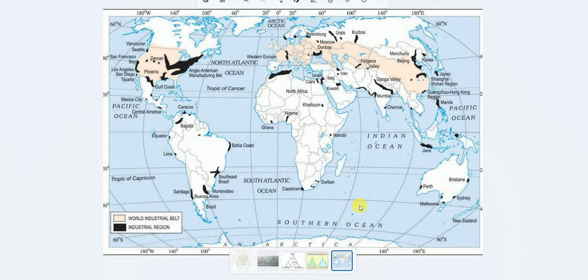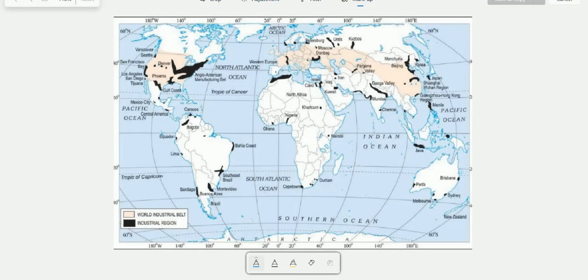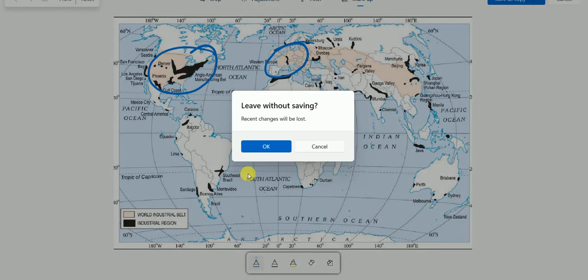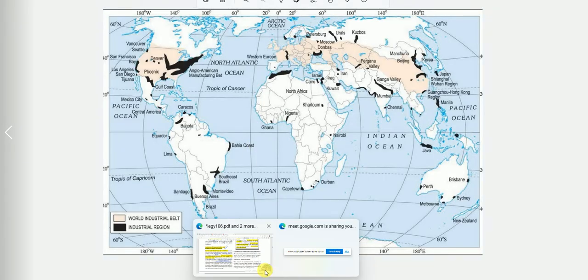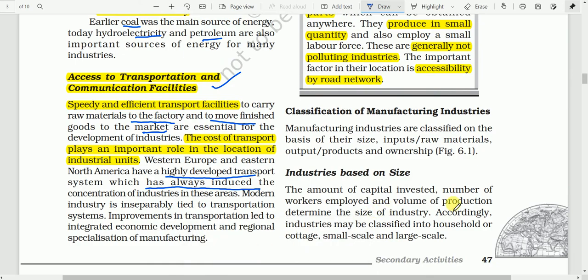I think you may be seeing here, these areas. These are highly industrialized regions of the world, and here the transportation system is highly developed.